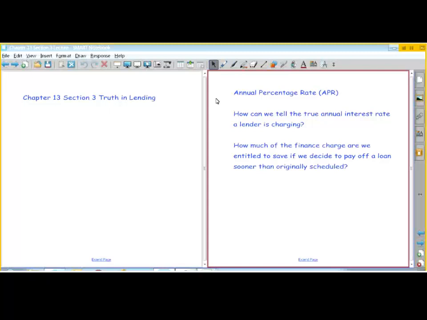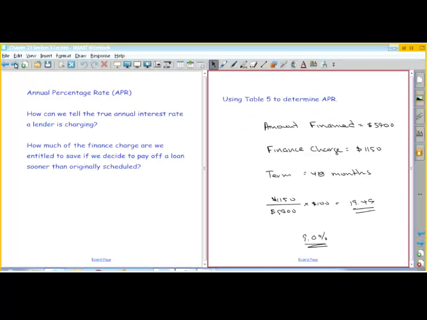They used to have those with loans, but I don't really know if they have those anymore. But if they do, they have to be very specific about that, because before you could pay off your loan early, but it would actually cost you more because of the penalties. So they have to tell you if there's any penalty for paying off early.